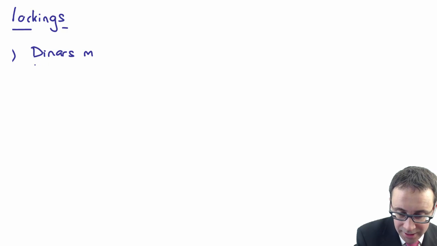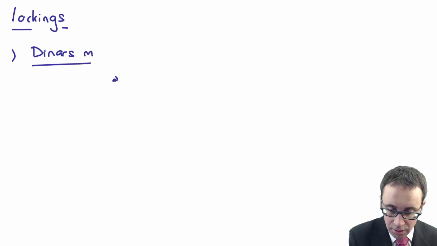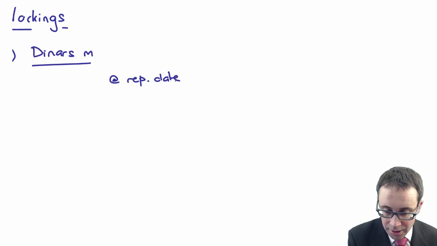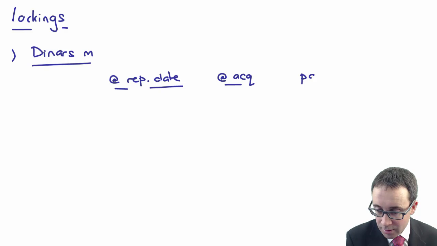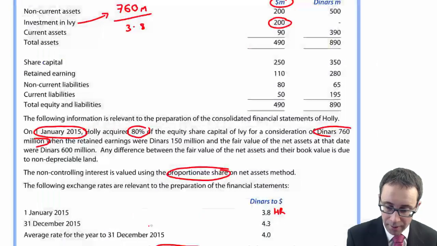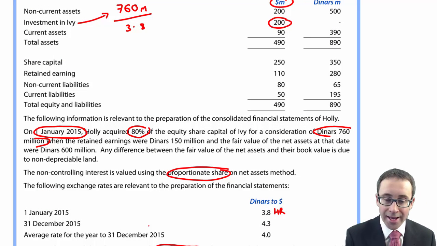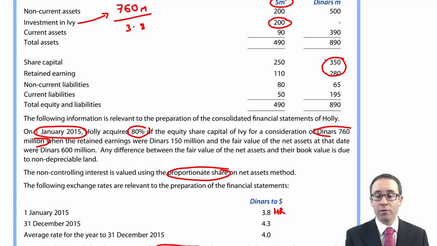And remember, the net assets of the sub, we calculate in the overseas currency. So you have that at the reporting date, at the acquisition date, and then the post-acquisition period. Again, remember, the information about the sub and its net assets comes from the SFP at the reporting date.